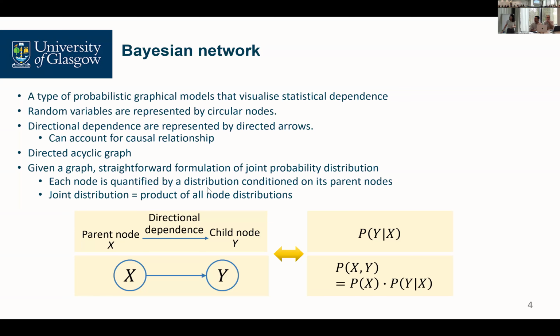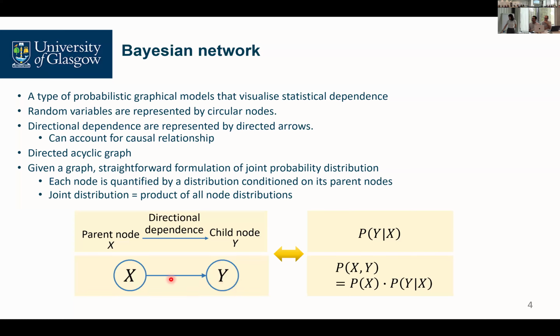And given a graph, once we specify the graph, then it is straightforward to formulate the joint probability distribution. So here, each node is quantified by a distribution conditioned on their parent nodes.